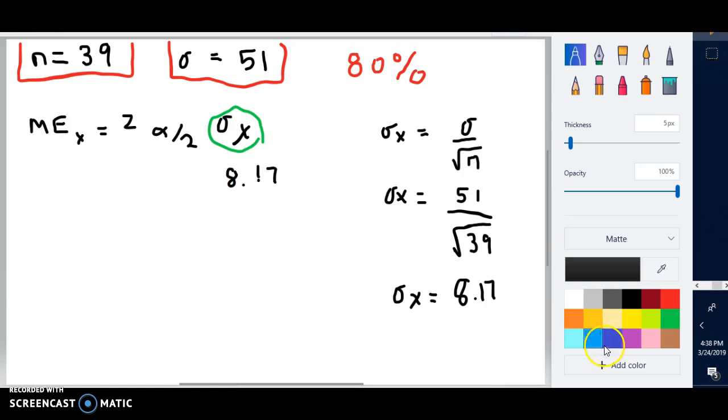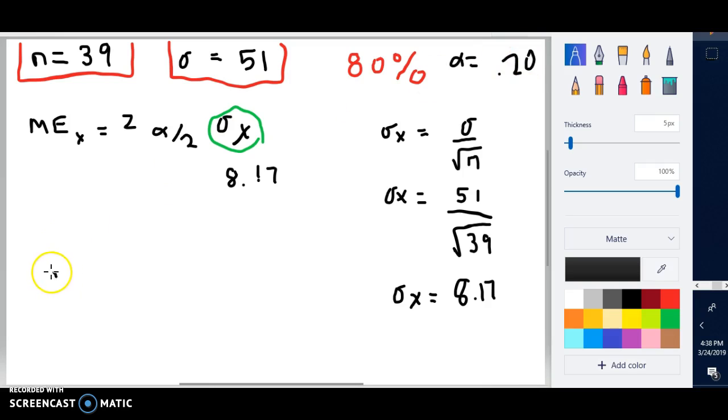Now we have to figure out the z-score. So I will go down towards the bottom here and calculate that. So an 80% confidence interval is going to correspond to an alpha of 1 minus 0.80, which would be 0.20.